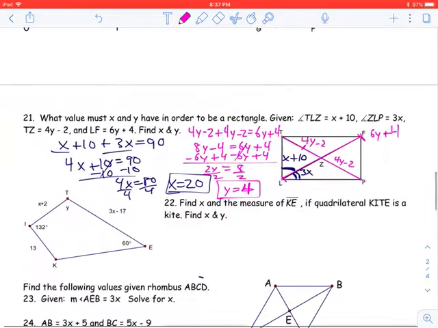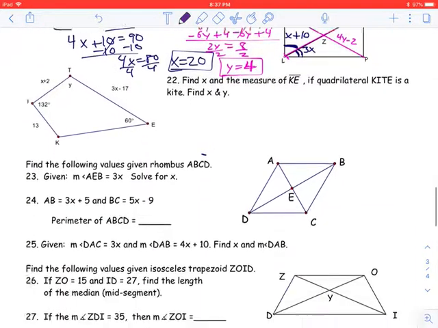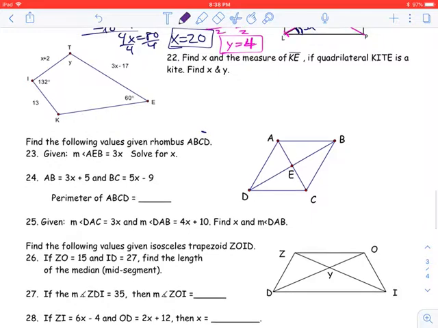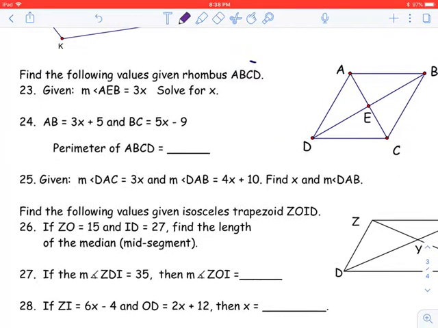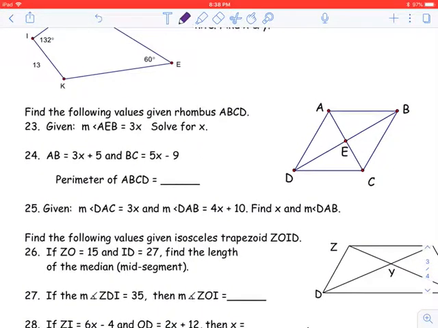So again, those properties are very important to refer back to while you're going through these different things. A few left here. Number 23, find the following values given a rhombus ABCD. Again, rhombus means all the sides are congruent and the diagonals are perpendicular in the middle.